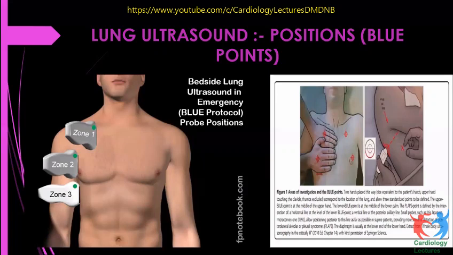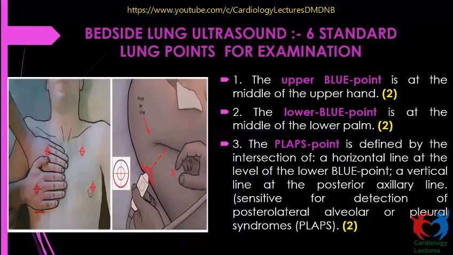This is called PLAPS because many of the pleural syndromes like interstitial syndrome, pulmonary edema, consolidations, ARDS, and all interstitial pathologies are diagnosed at that particular point. So it is popularly called the PLAPS point.